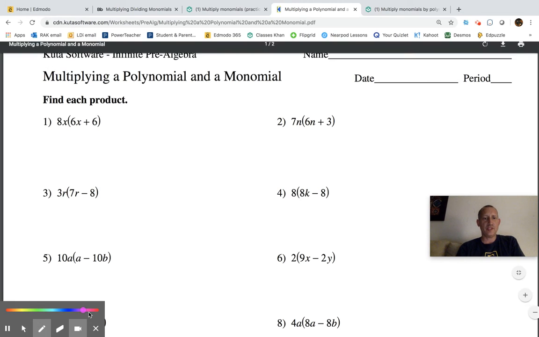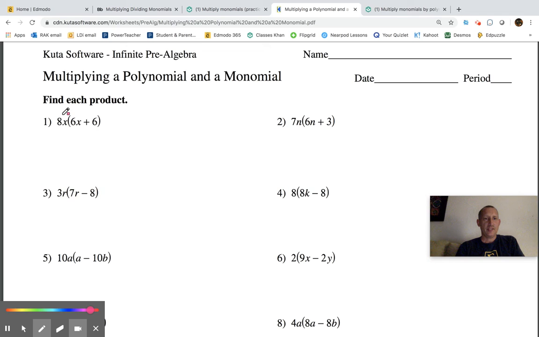So we're going to use the distributive property. So 8x times 6x. We're just going to multiply those two together. That's 8 times 6, which is 48. And x times x is going to be x squared.